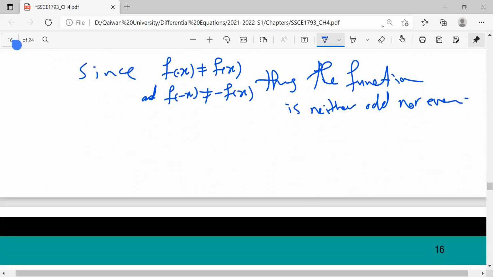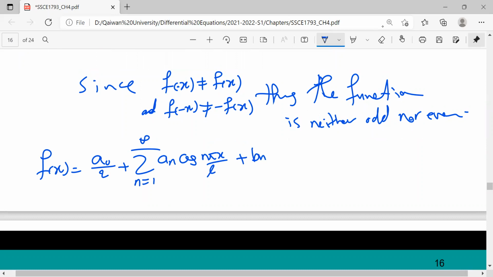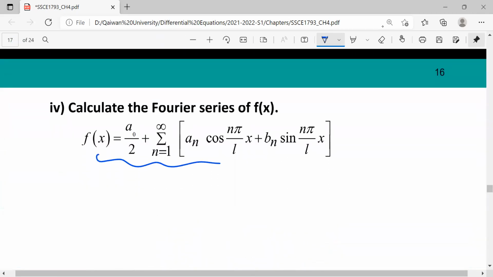The Fourier series in this case is f of x equals a0 over 2 plus the sum for n from 1 to infinity of an cosine n pi x over L plus bn sine n pi x over L. Here we must find a0, an, and bn, and plug them in to get the results. Let's find a0, an, and bn. That's it.